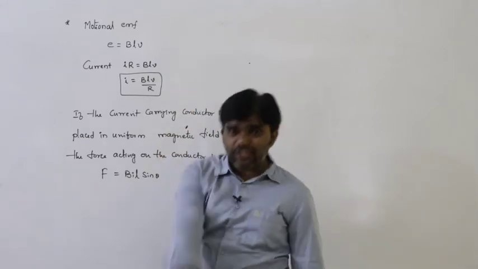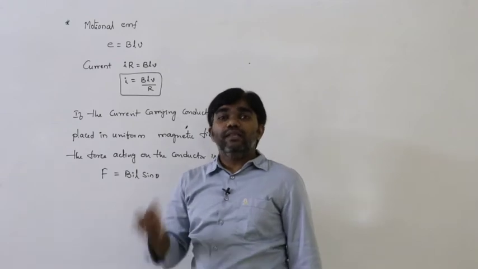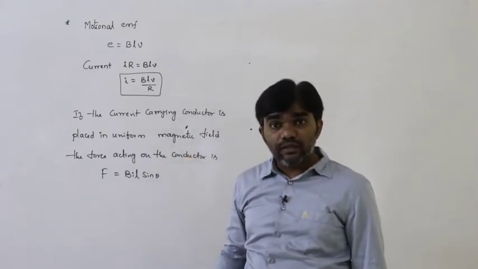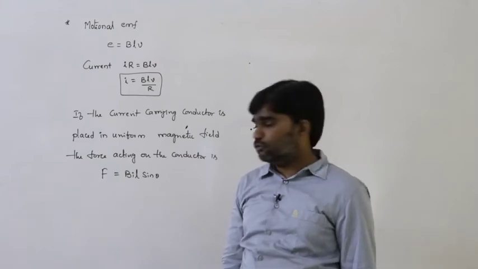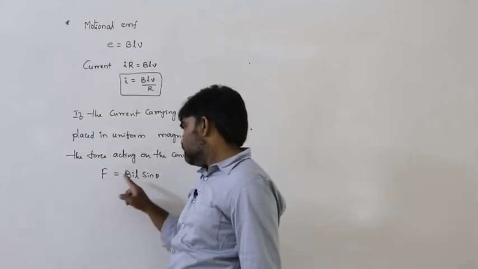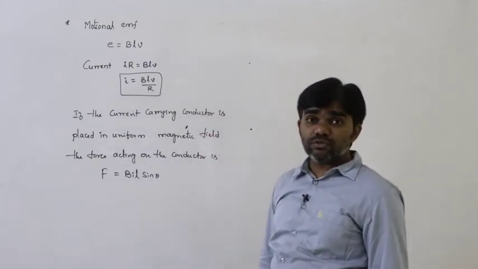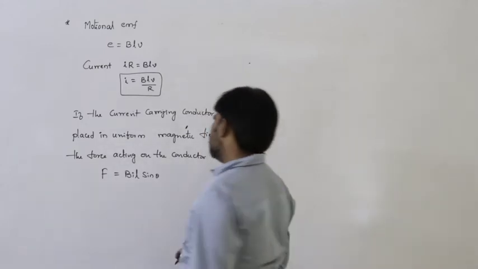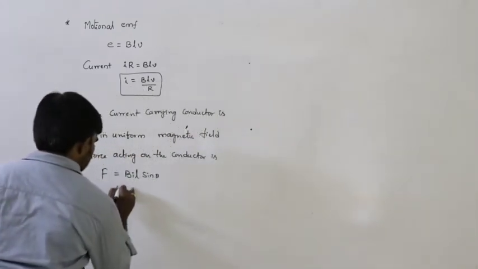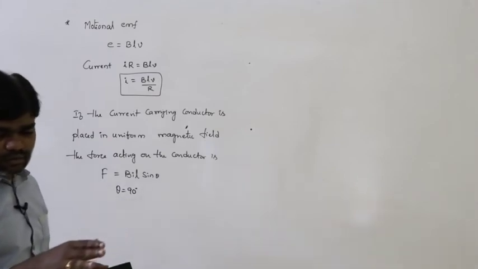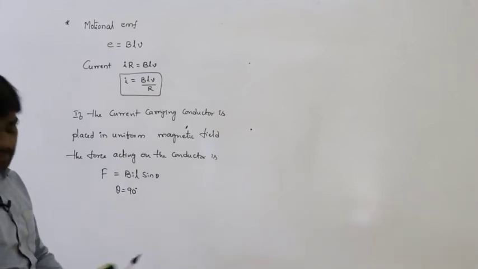This conductor is placed in the uniform magnetic field, then that conductor experiences a certain amount of force. What is that force? F equals BIL sin theta. Definitely here theta must be equal to 90 because the conductor is moving in the magnetic field.